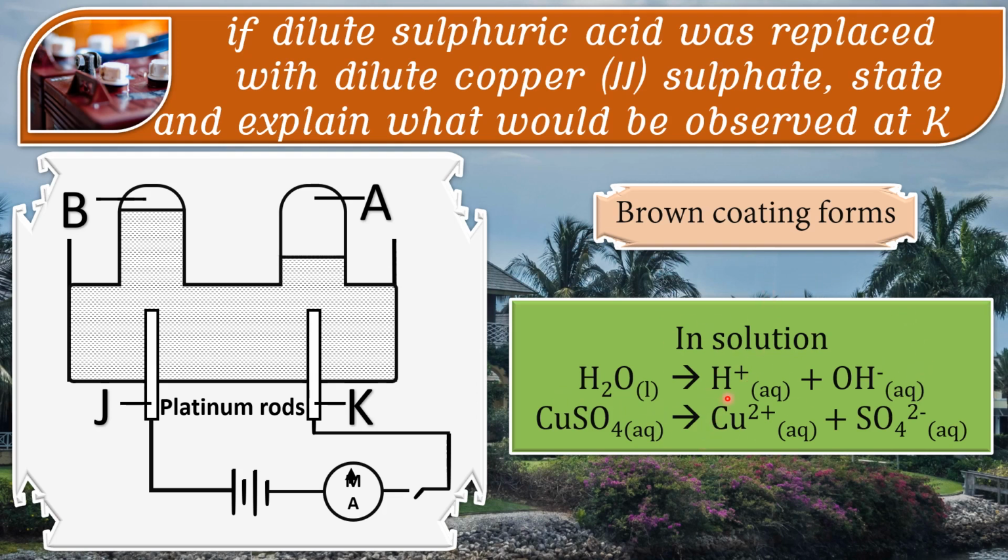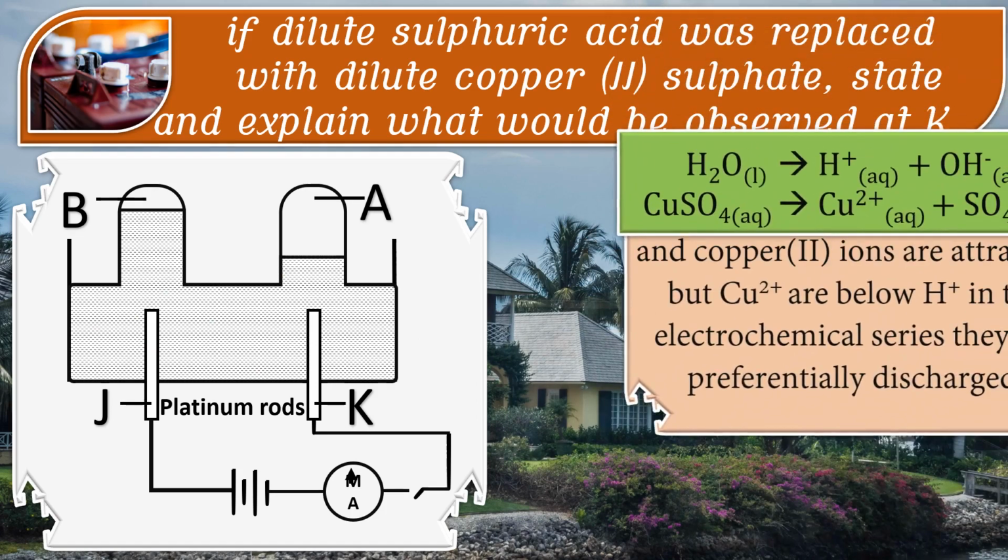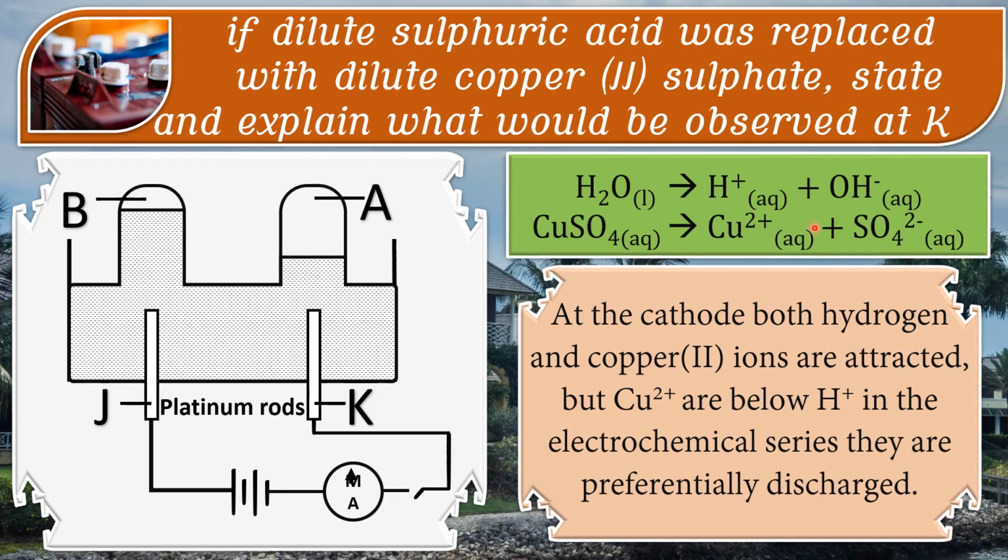So the solution contains hydrogen ions and copper 2 ions as cations, and hydroxyl ions and sulfate ions as anions.